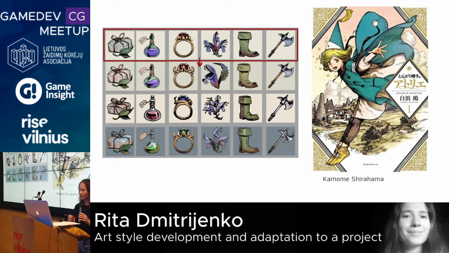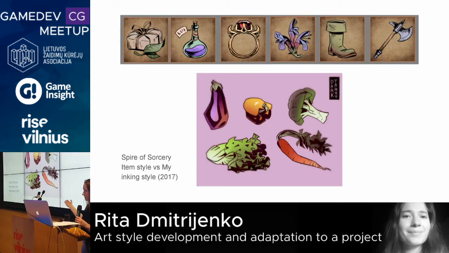So I tried to apply this beautiful art style to tiny, tiny inventory items, so it's not an exact copy. The image you see above, the one marked in red, was the one that the team chose. And then I advanced it a little bit and fixed some stuff to create the final six, the ones that define the art style of the items of Spire of Sorcery.